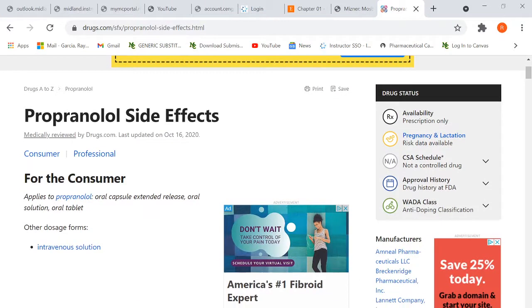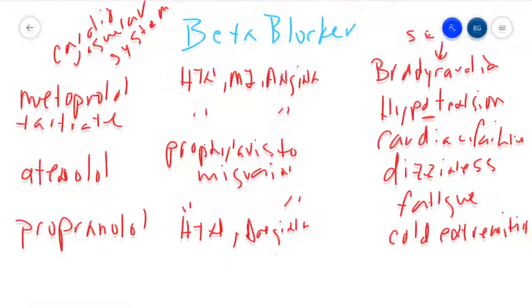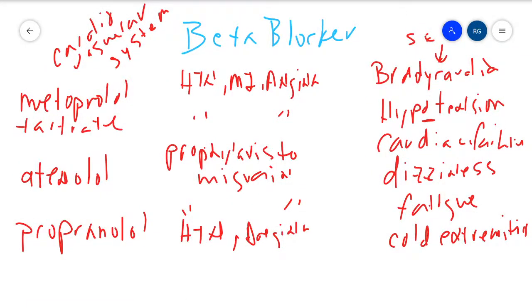But we know some of the side effects of beta blockers. Again, we are in an OLOL. Most beta blockers in an OLOL are for hypertension, myocardial infarction, and angina.